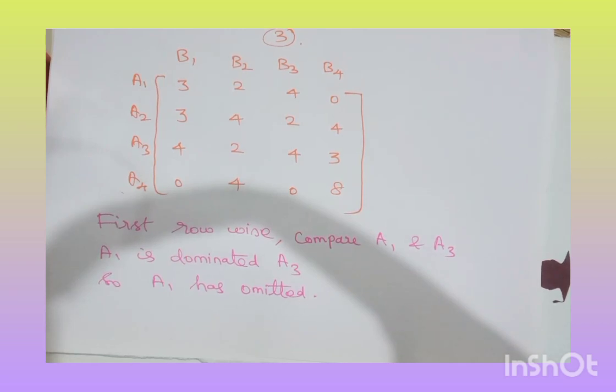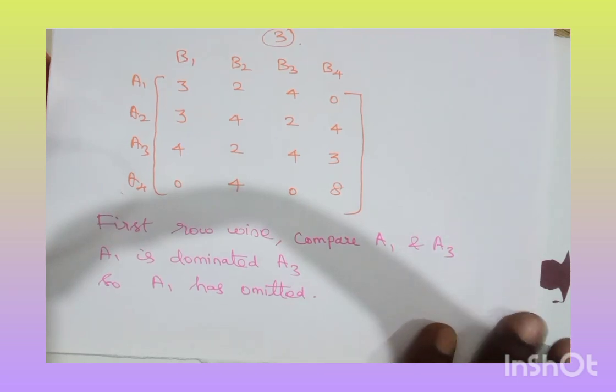Last one, here 3, there 0. So we can conclude that A1 has all elements smaller than or equal to A3, so A1 is eliminated. Please remember the rule: row wise smallest row, column wise largest column. Here A1 is eliminated due to smallest values.